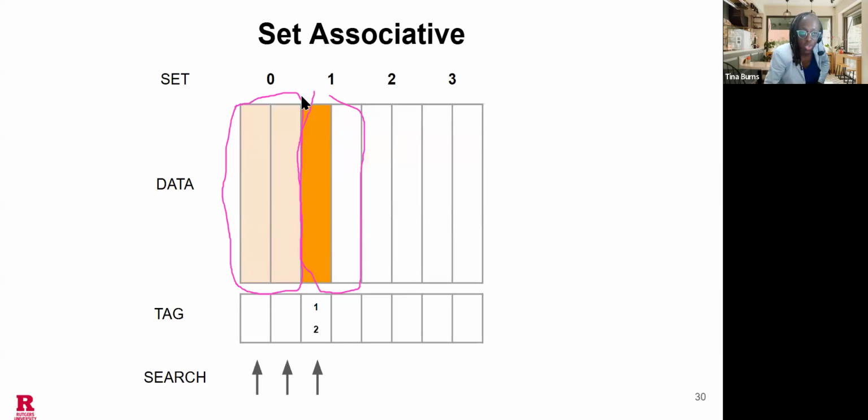For this, it's one set at a time, which means I can search both of these blocks within that set. I can then search both of these blocks within that set. So I'm searching each individual set at one given time.